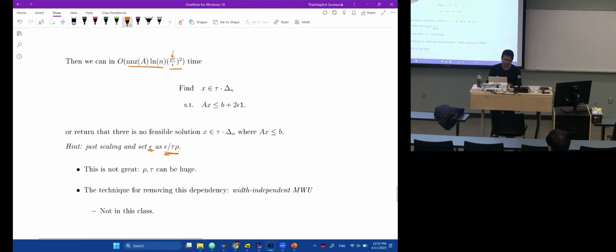But you can see that this is not so great because rho and tau can be huge, and your algorithm spends time polynomial in rho and tau. So that's not great, but there is a technique for removing this dependency. It's called width independent weight update. But I will not show it in this class. You can look it up if you want to.